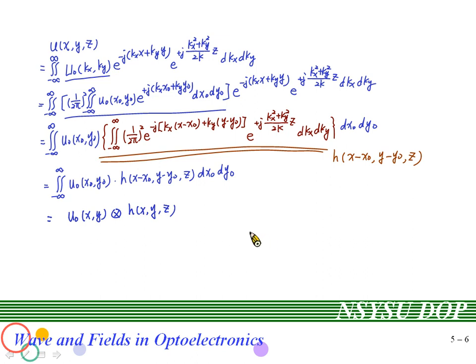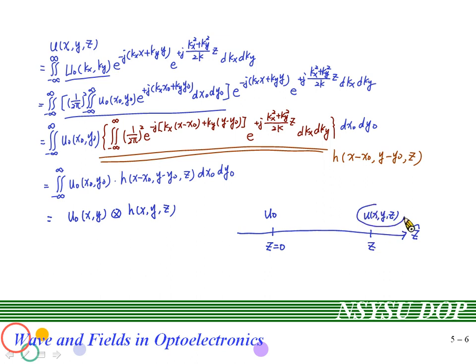Okay, let me say it again. What we want to know is that at z equal to 0, at the initial point, we have known the initial amplitude u0. And what we want to know is the amplitude function at any point of z.